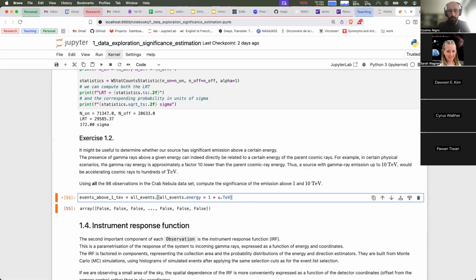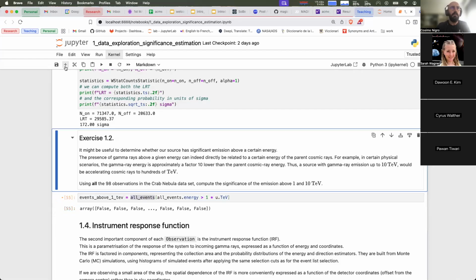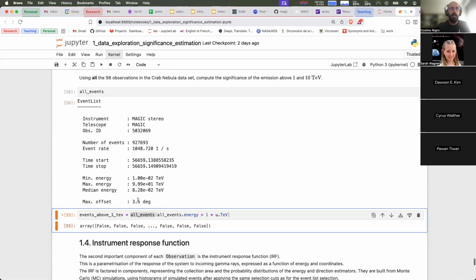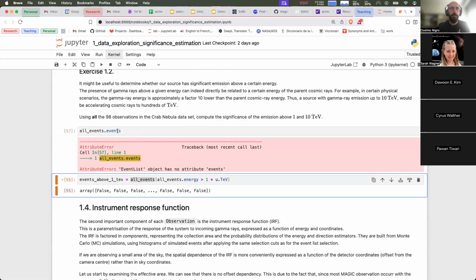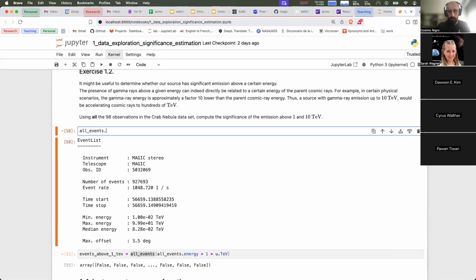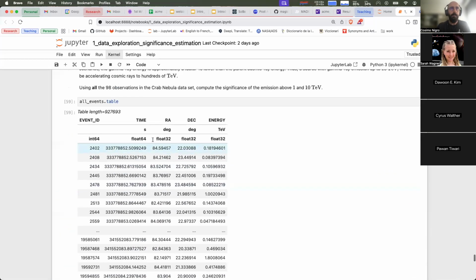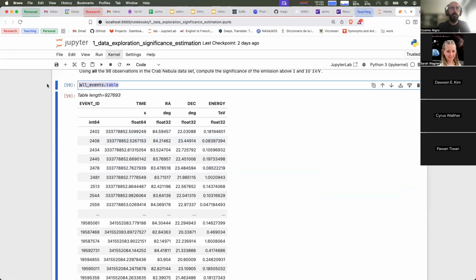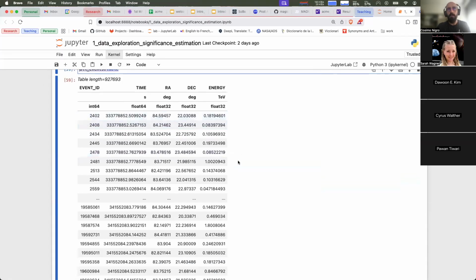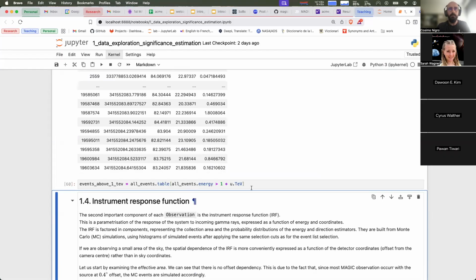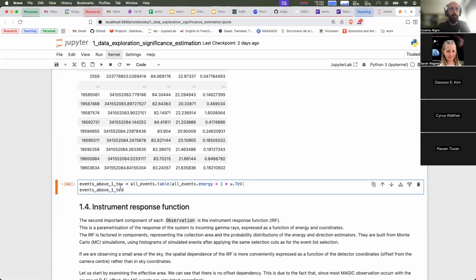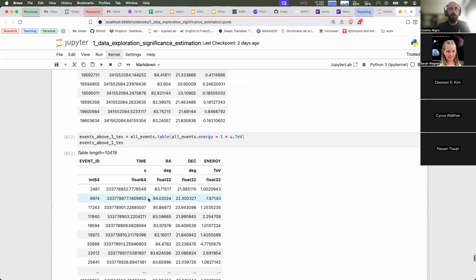Because all events is already a table, basically another table, you can directly apply this mask to the table and then just use whatever you want.